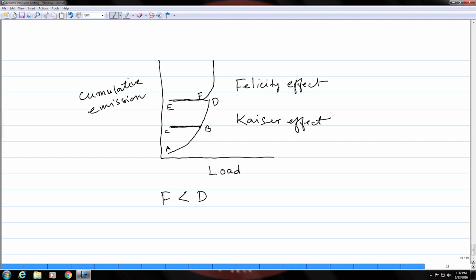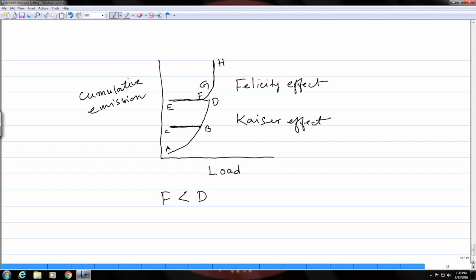Okay. And then, when you see this, it means that the structure is already damaged, and that is why you see a steep rise in the emissions. Although there is not much increase in the load, but you still see this part is rising almost vertically.